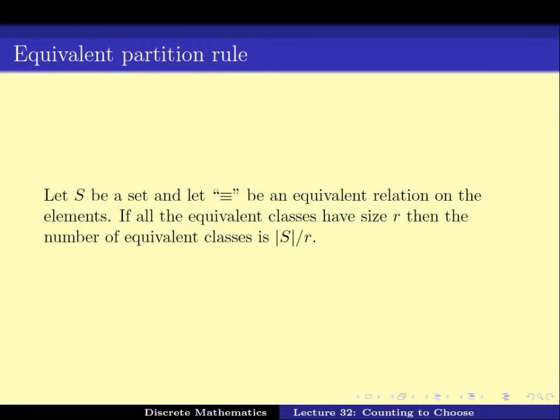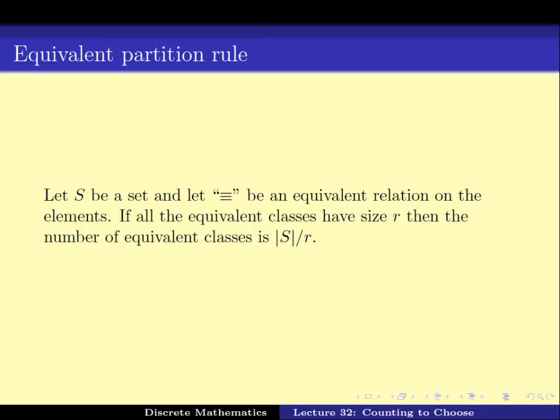Now, before I go to the next problem, let's do another nice rule. We call it the equivalent partition rule. Let S be a set, and let the three bars be an equivalence relation on the elements.